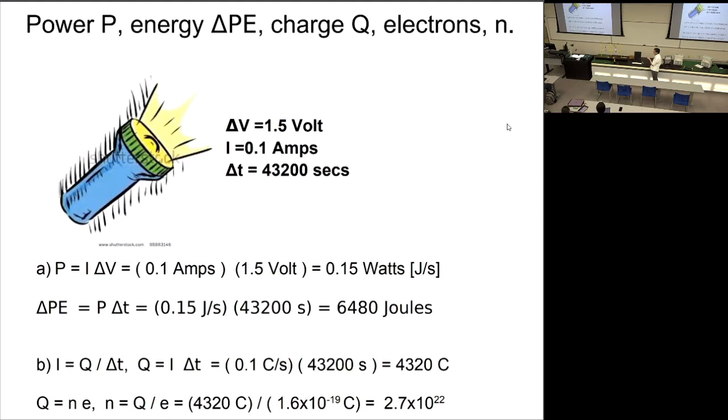Remember, it's charge divided by time, the amount of charge per unit of time. We can turn this around for the charge in terms of the current. We just multiply the current of 0.1 amps, or coulombs per second, by the number of seconds in 12 hours. It's 4,300 coulombs, an enormous amount of charge. That's the amount of charge in a thunderstorm.